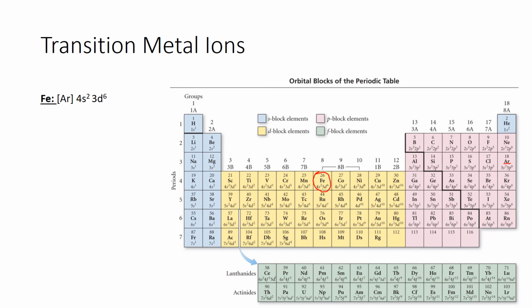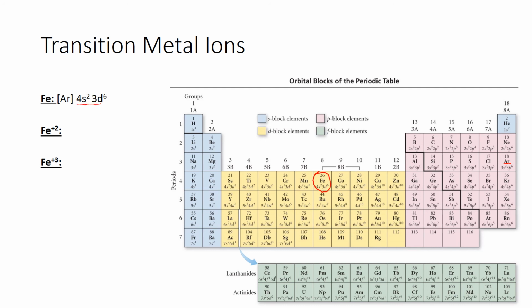Now, when iron forms an ion, it's a metal, so it tends to lose electrons, but it's not necessarily consistent in how many. There are two common ions that can form from iron: iron with a +2 charge or iron with a +3 charge. Iron with a +2 charge obviously has to lose 2 of its electrons. But which electrons does it lose?